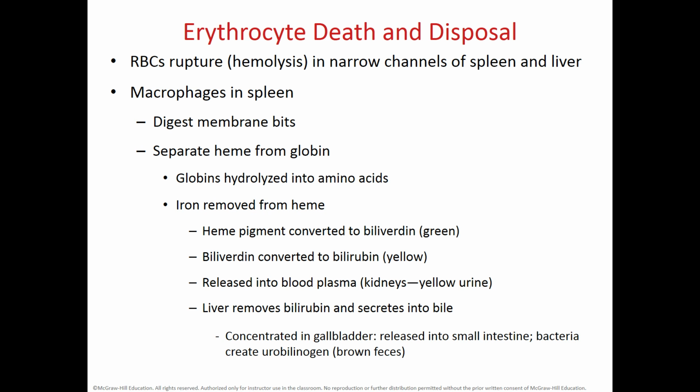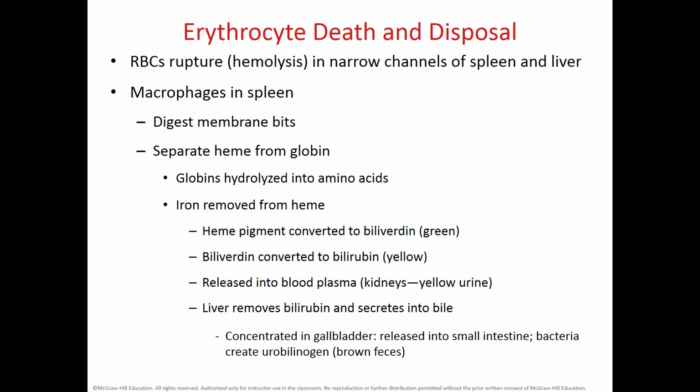The tissue of the spleen and the liver has net fibers that help to trap these erythrocytes when the erythrocytes are old because they have lost their shape, or when the erythrocytes have been damaged.